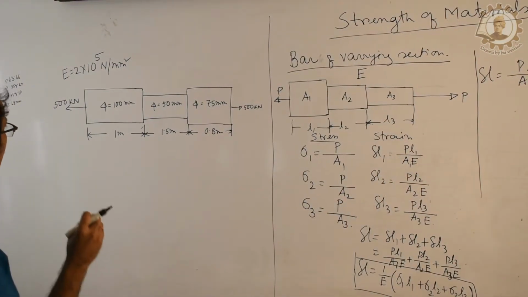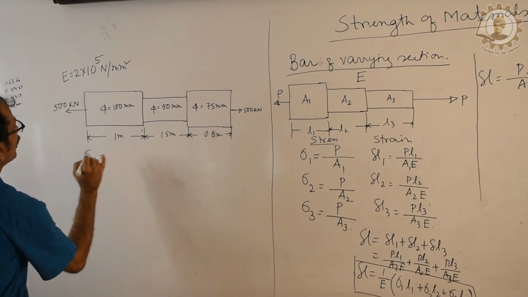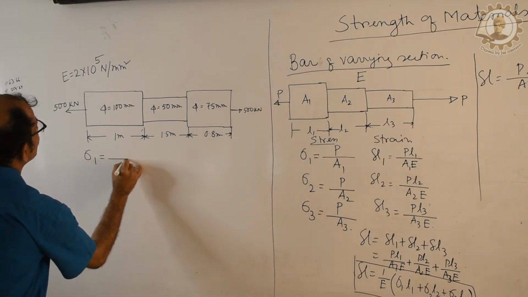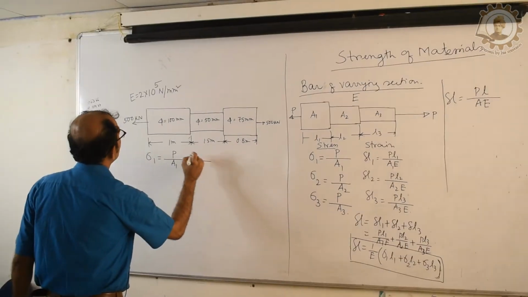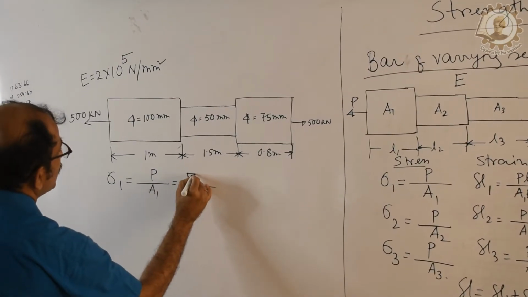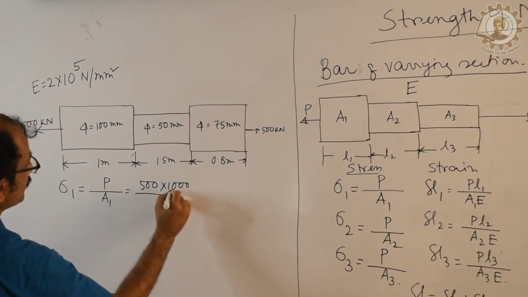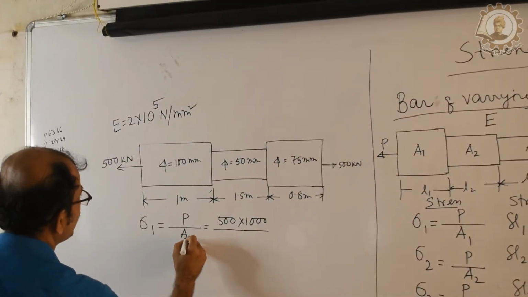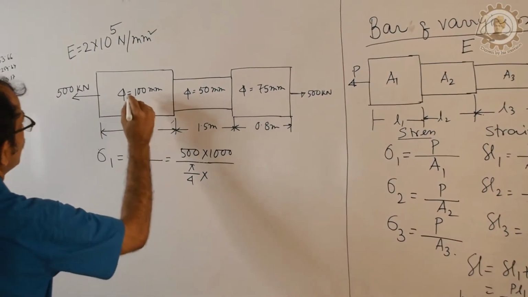problem first. So what is the stress developed in the first part, that is sigma 1, that is P by A formula, in the case of A1. So what is the value of P? P equals 500 kilonewton into 1000, that is Newton, divided by cross sectional area, pi by 4 into d square.